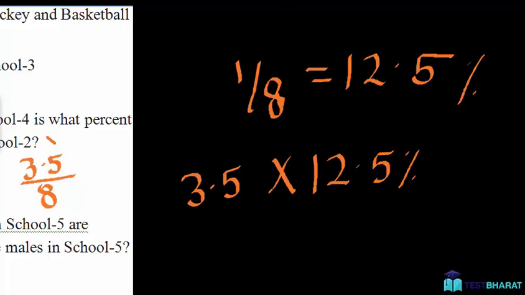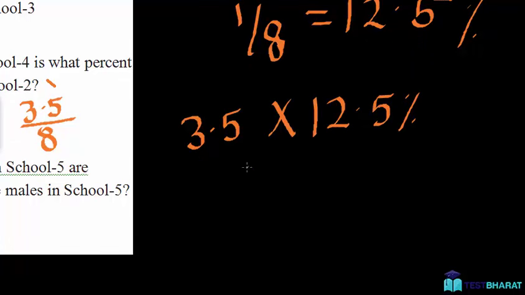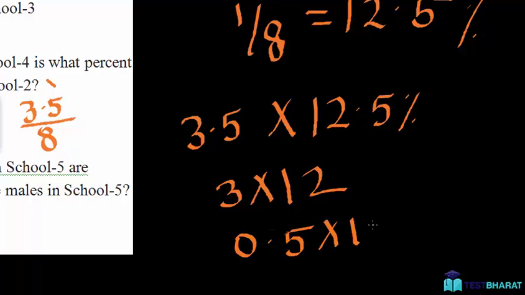And in the earlier video also I told you, always look at how you can divide this multiplication. So you multiply 3 into 12, and then you multiply 0.5 into 12, so this will give me 36 and this will give me 6.